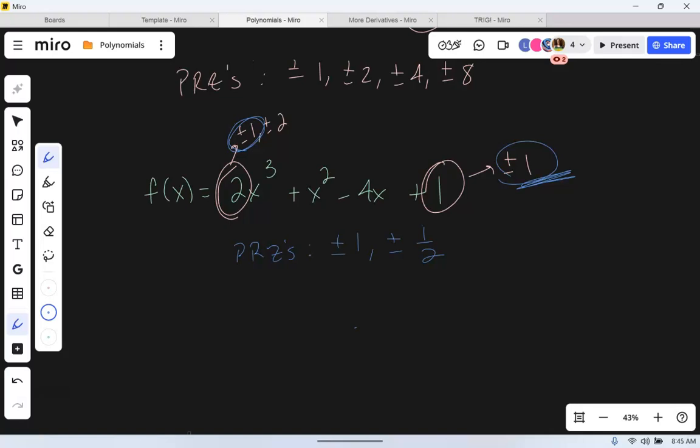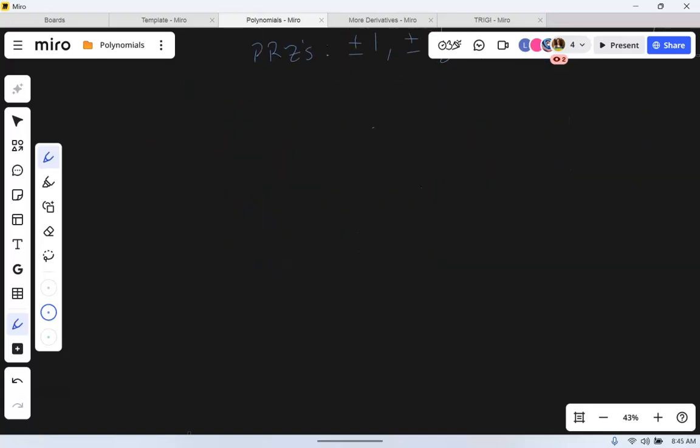Let me show you one that's not got ones in it like this. This one's not on your paper. I'm just going to make some. Let's say 6x to the 5th plus 7x squared minus 10x plus 15. List the PRZs. So let's do the constant first.